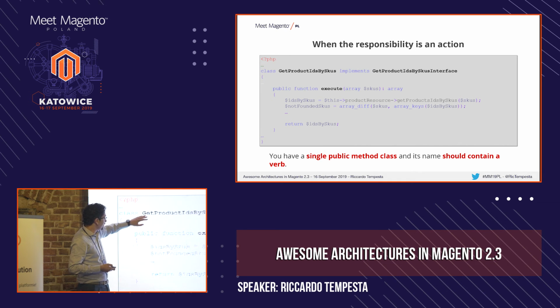If the class doesn't start with a verb, usually the responsibility is not an action, but something different. An example is product repository. Of course, it's not an action, but the responsibility of the class is to handle the repository of products. So it's quite clear. And of course, do not use classes with thousands of public methods.